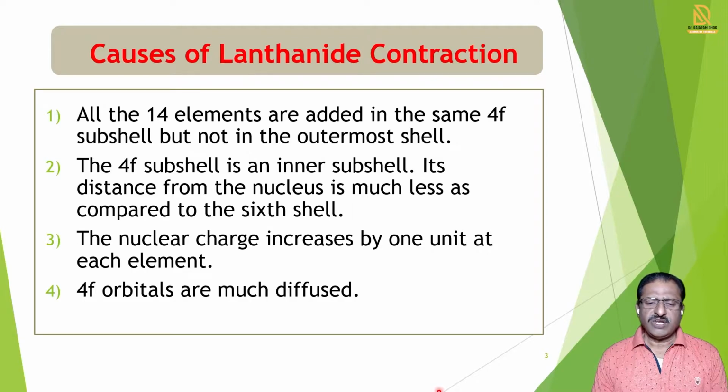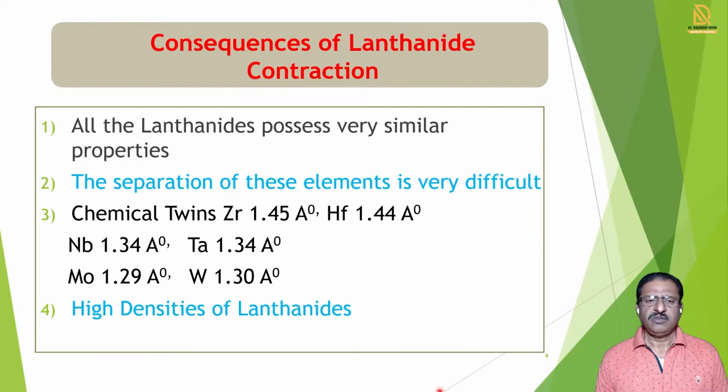Nuclear charge increases by 1 unit at each element, while all electrons are filled in the 4f shell. Also, the 4f orbitals are much diffuse. These are some causes for the formation of lanthanide contraction.